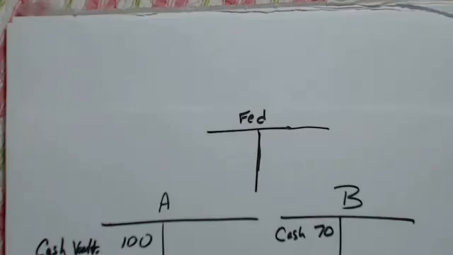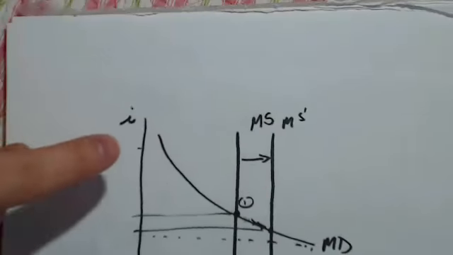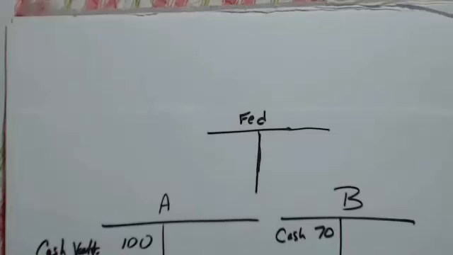And let's assume that in order to do this, the Fed says, you know, we're going to increase the money supply. We're going to test out the waters. We're going to increase the money supply by $200. And so what we hope to do is we're going to push out the money supply here, $200, and watch interest rates drop. And if they don't drop enough, we'll increase the money supply even more. Okay?